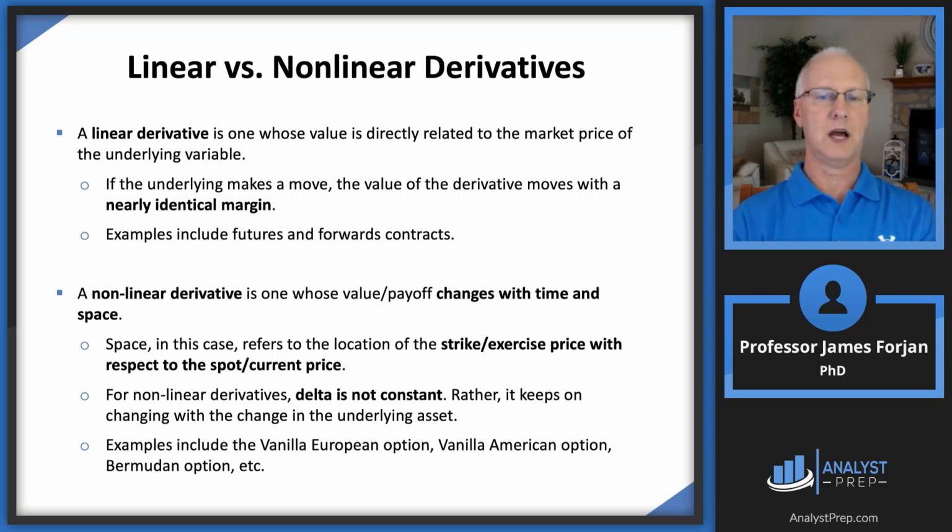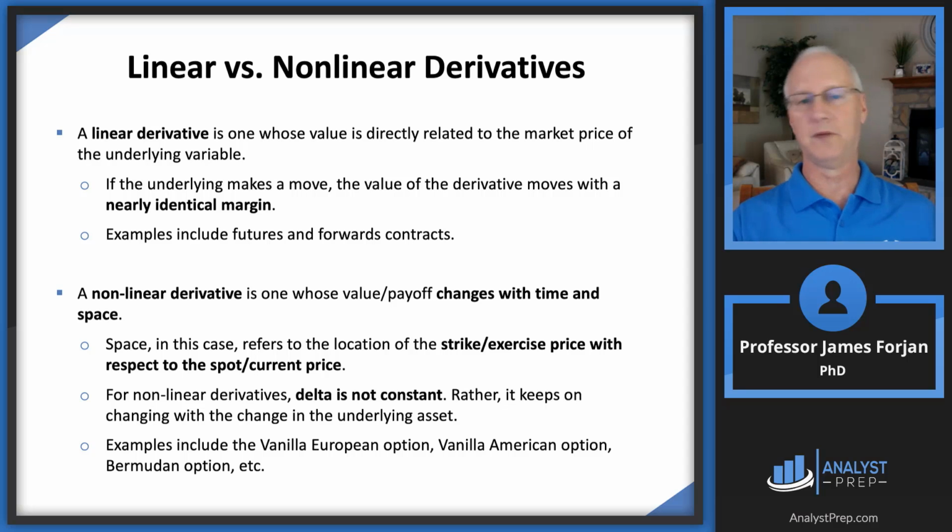If the delta of the option is, let's just say, 0.5, that means that if the stock price goes up by $1, then the call option is going to go up by 50 cents. The delta of 0.5 translates into a 50 cent change in the price of that call option. Now, of course, once the stock price goes up to 101, then the delta of that option is going to change.